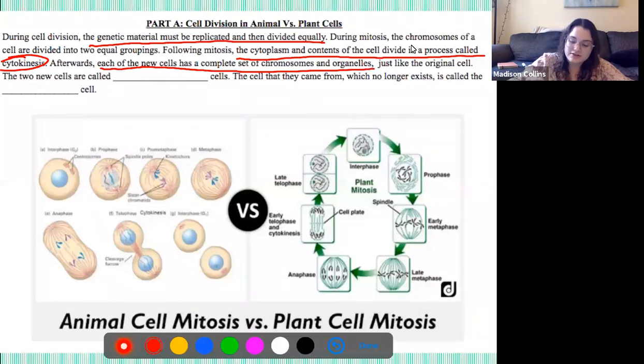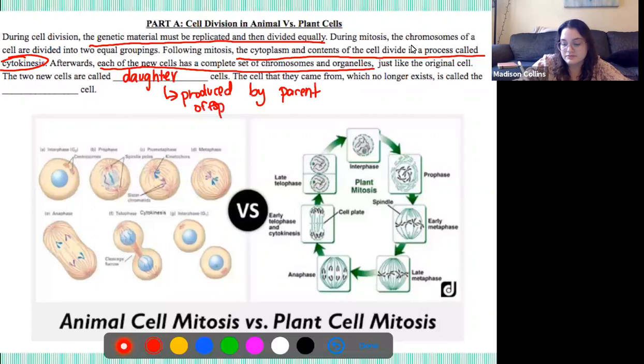The 2 new cells are called daughter cells, right? And we call them daughter cells because they are produced by the parent cell. They are the offspring of that parent cell, which means the cell that they came from, which no longer exists, is called the parent cell.